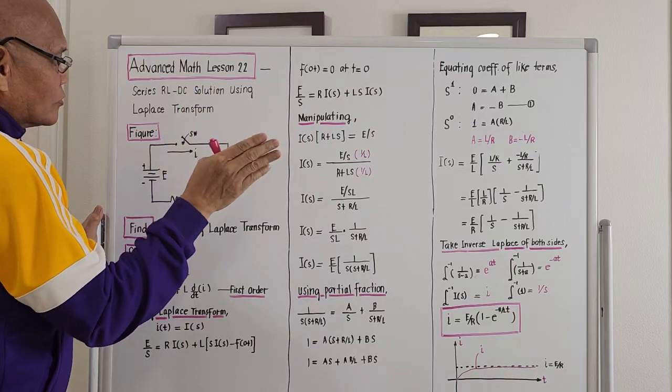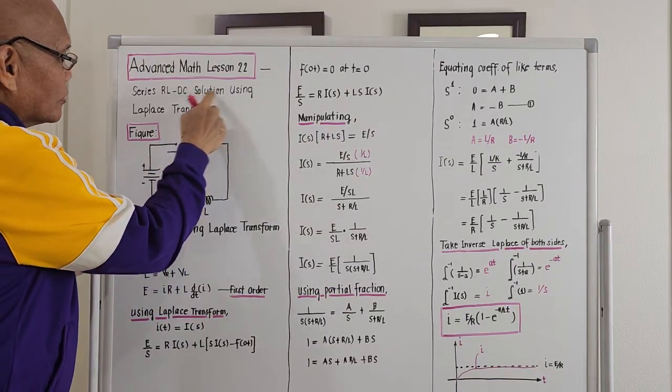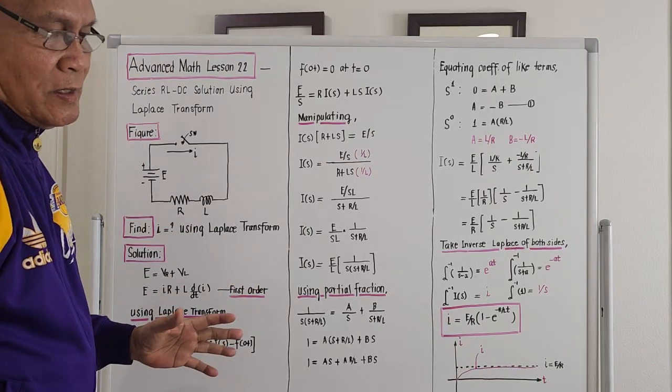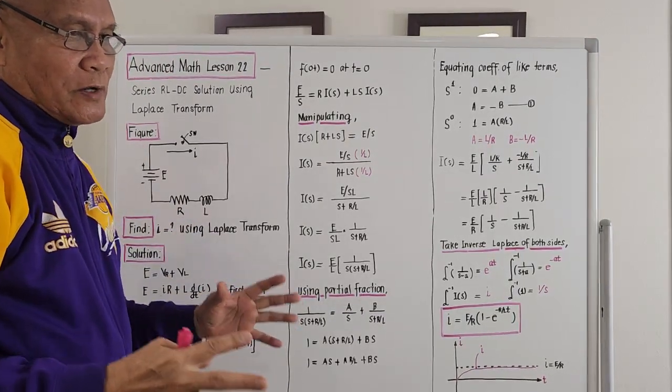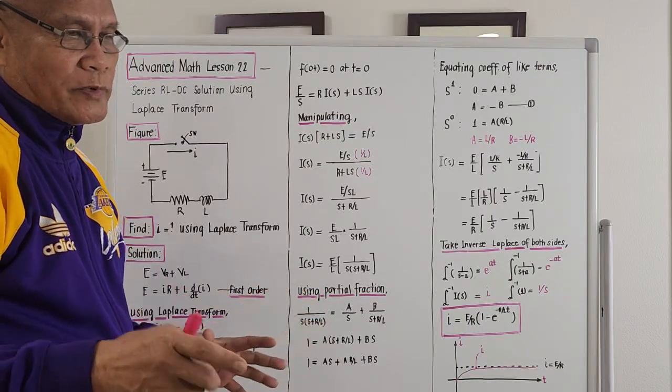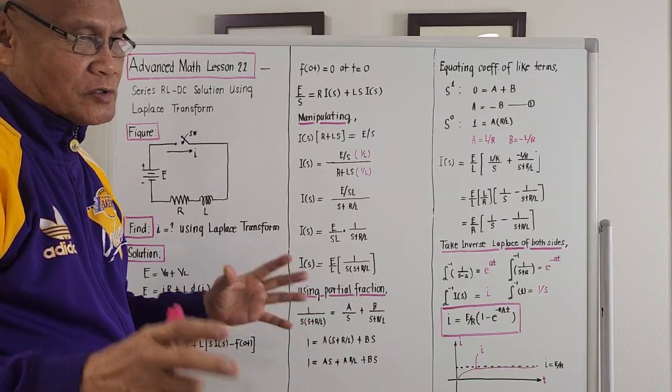So we are asked to solve using Laplace transform. Meaning, we will try to solve the differential equation by not using the classical solution. It will be by using the so-called Laplace transform.